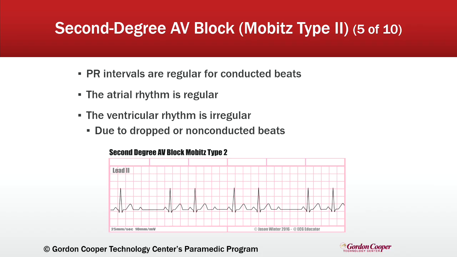This happens because some of the beats are dropped. Remember, no QRS complex follows certain P waves, or they're non-conducted. So the result is an irregular ventricular rhythm where sometimes there's no beat after a P wave, which throws off the regularity. So just to sum it up, the atrial rhythm is regular, but the ventricular rhythm is irregular due to those dropped beats.